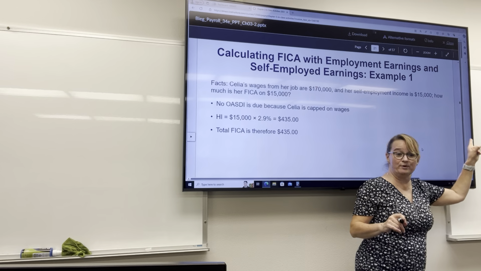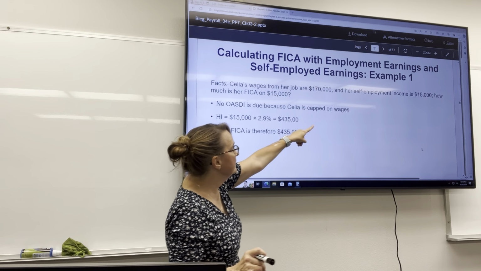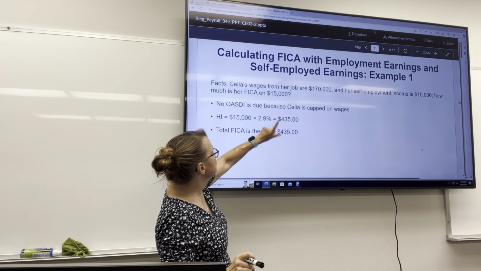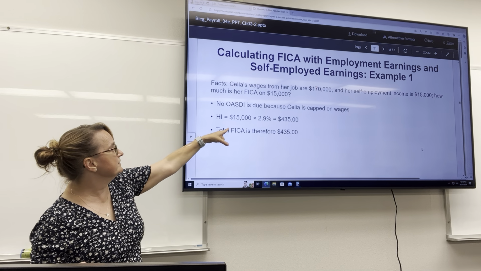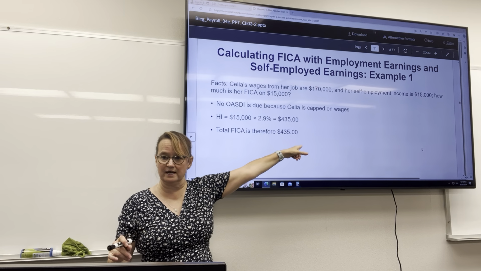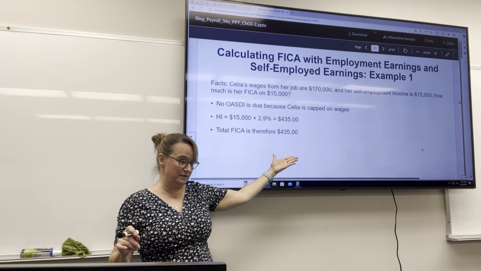She's saving 12.4% in taxes on that $15,000. So all we have to calculate for Celia is the Medicare tax, and she's not at $200,000, so we don't have to worry about additional Medicare tax.